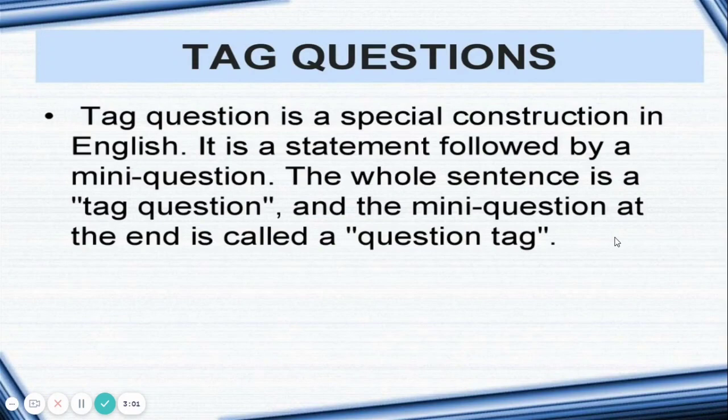It is a statement followed by a mini question. What do we mean by a mini question? That is a short question: isn't it? Don't you? Don't we? All come under short questions. The whole sentence is a tag question, and the mini question at the end is called a question tag.